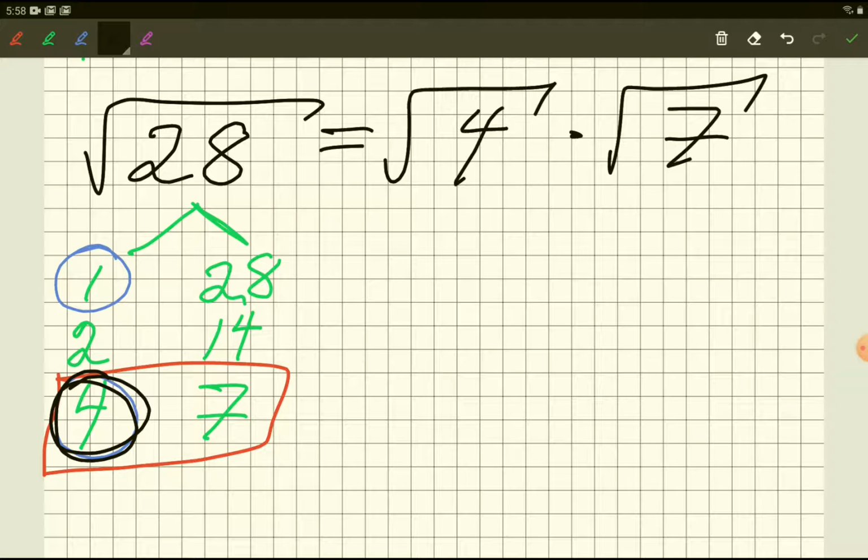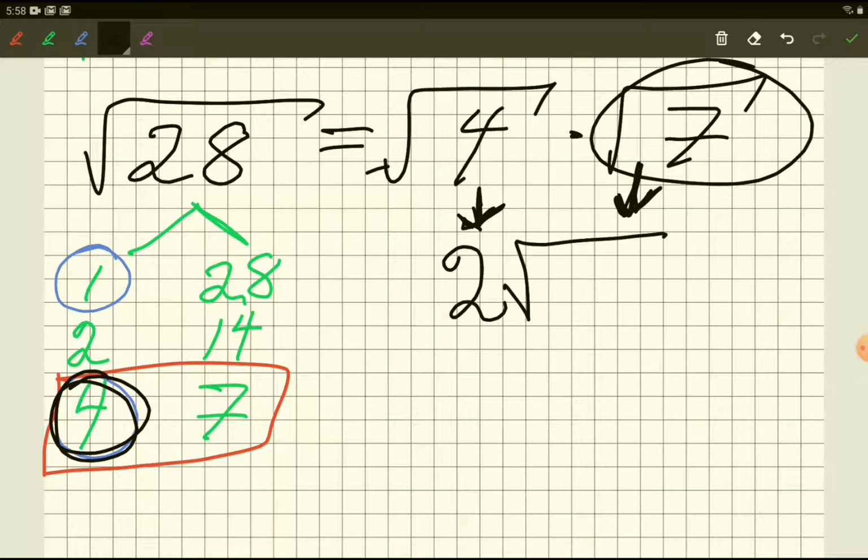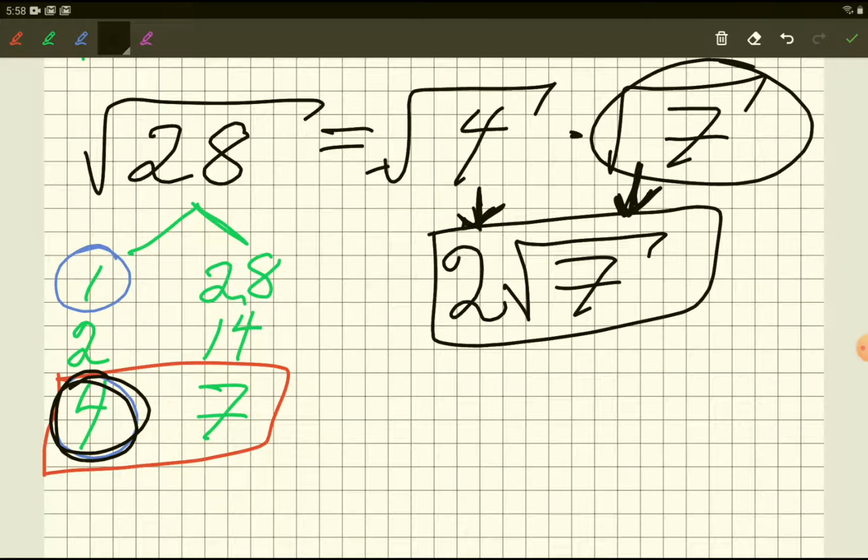Okay? So now I literally just work vertically. I work straight down. I know what the square root of 4 is. The square root of 4 is 2. Go straight down. Like I said, with this method, you don't ever have to mess with whatever this is. So it just goes straight downstairs and you're done.